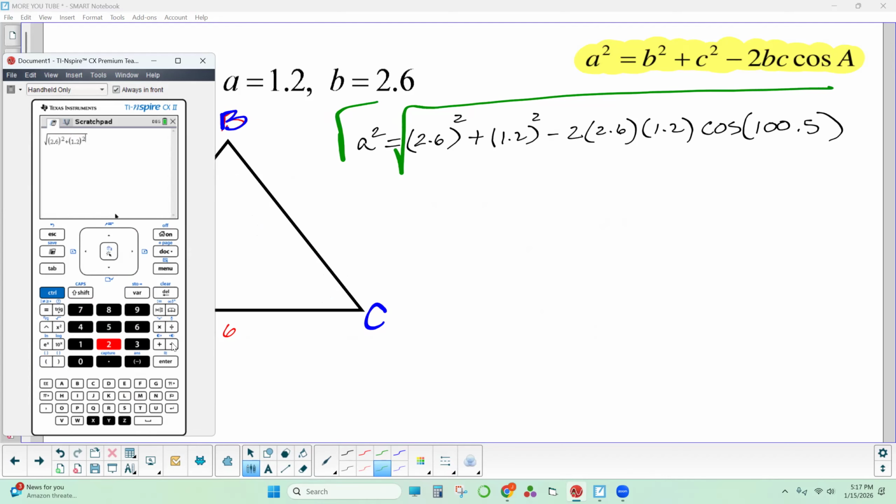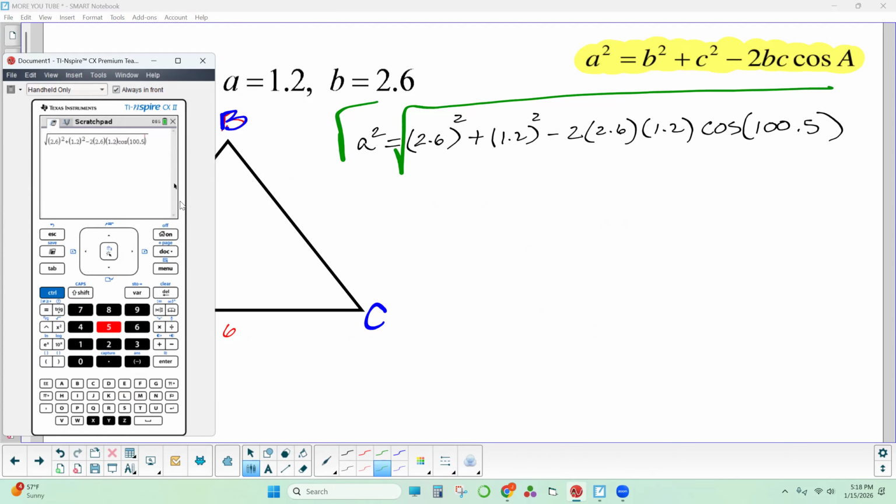Looks good. Now we are going to subtract 2 times 2.6 times 1.2, and then multiplied by cosine of 100.5. All right, double check that we entered that correctly. That's important. 2.6. Everything looks good.